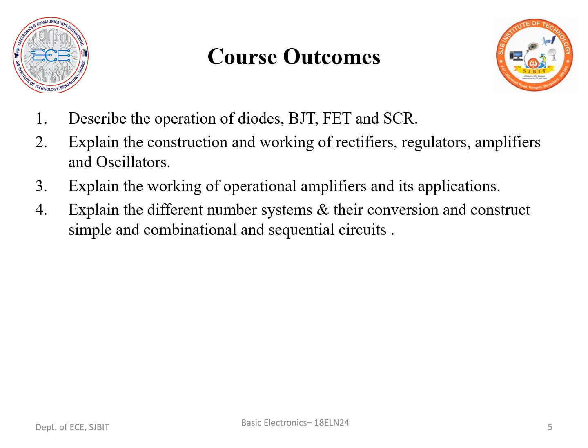And next, it is going to explain the different numbering systems and their conversions, and construct simple combinational and sequential circuits. So these are the course outcomes you can expect at the end of the subject.